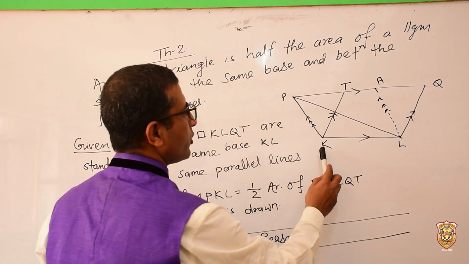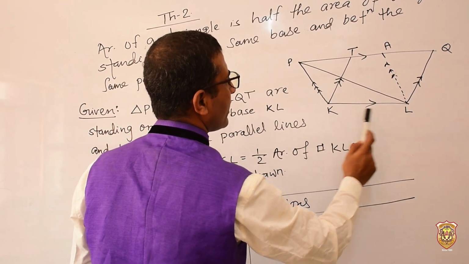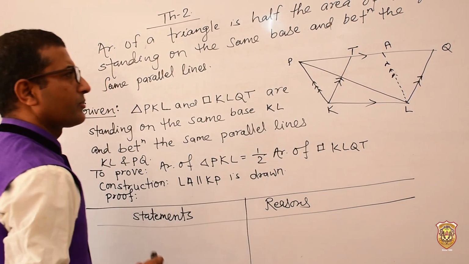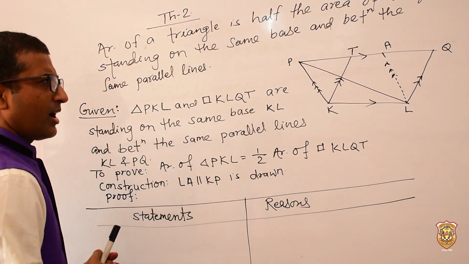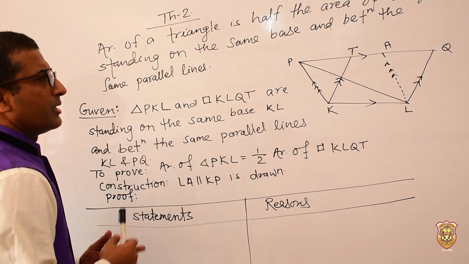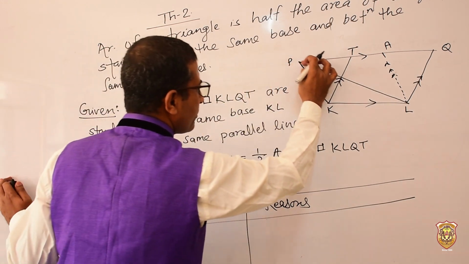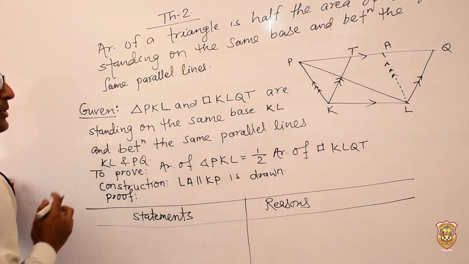First, starting with this parallelogram KLAP, it is not necessary to write that KLAP is a parallelogram; we can do that directly. In this parallelogram the diagonal is PL.